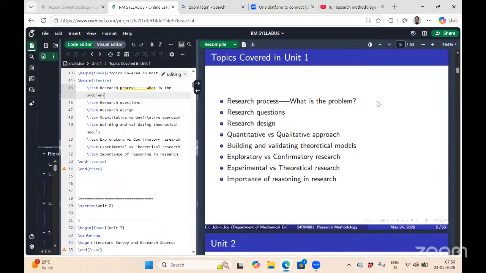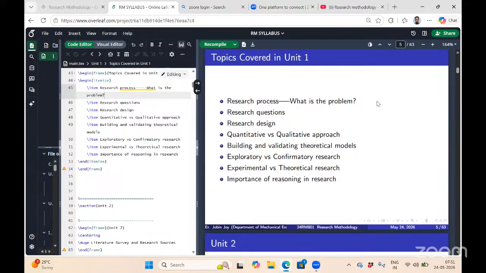That is what is called exploratory research. For example, studying a newly introduced technology, or exploring customer opinions about a new product.